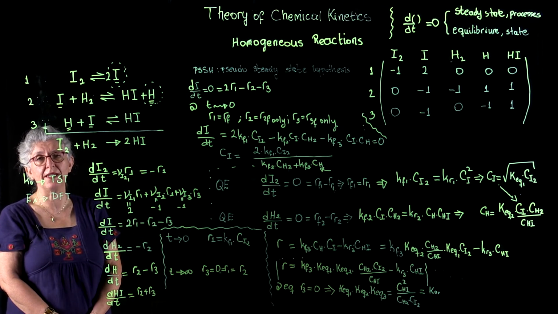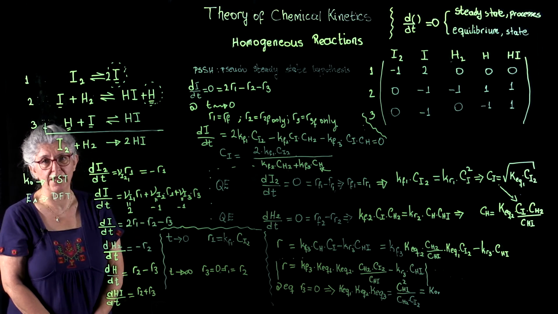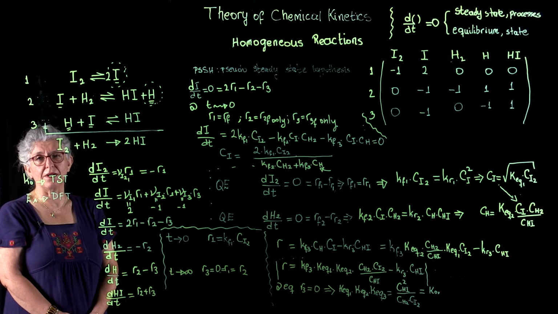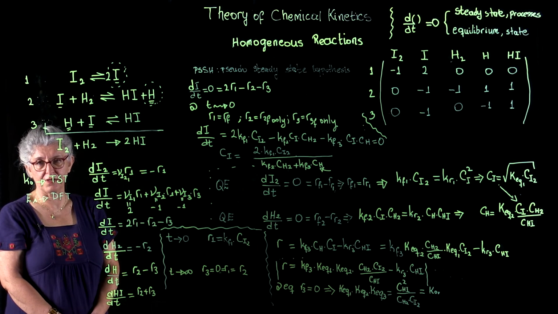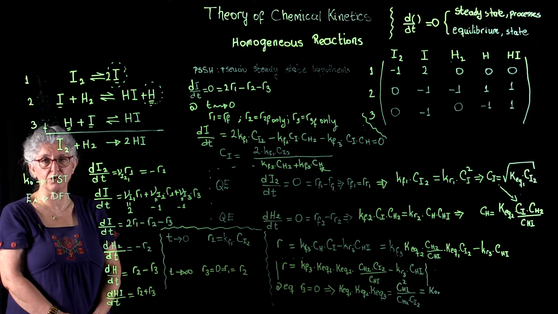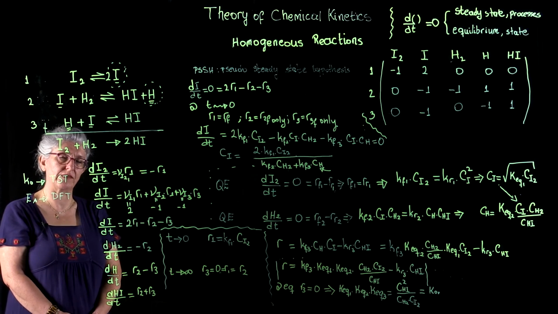So we have to be very, very careful when invoking those assumptions. Those assumptions are strongly dependent on the state of the system in terms of concentrations of the individual constituents and in terms of the temperature.